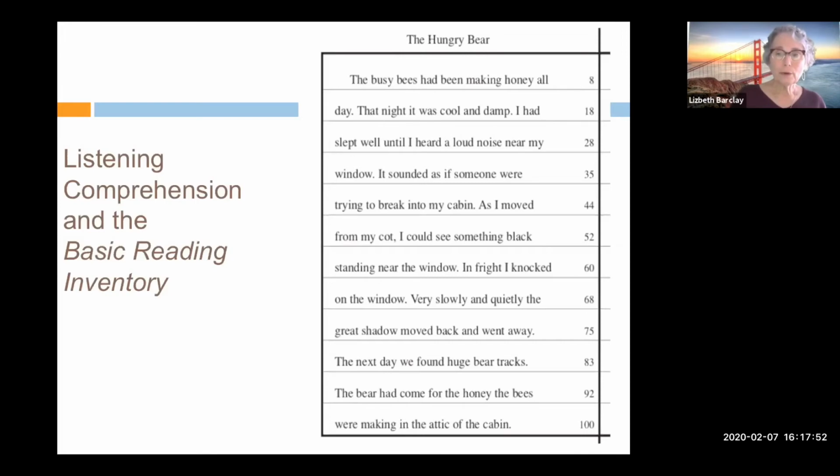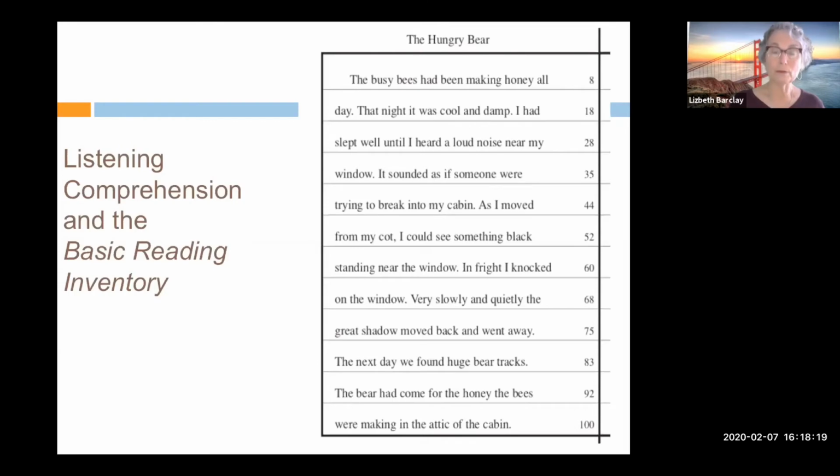It's really important to be able to see how a student's listening comprehension lines up with their reading comprehension. It's very typical for students to have a listening comprehension level that is 1 or 2 grades higher than their reading comprehension level, especially with our students who are visually impaired. So this is okay.